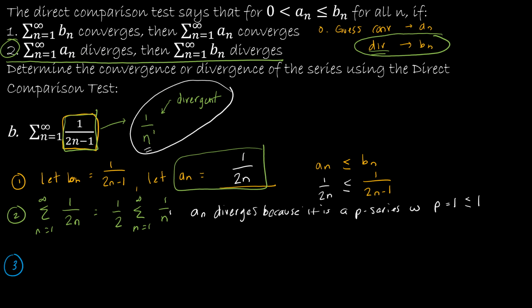And therefore I can say, again, because this is true, and because this is true, I'm going to say, therefore, the summation from 1 to infinity of b sub n, which is 1 over 2n minus 1, diverges by direct comparison.